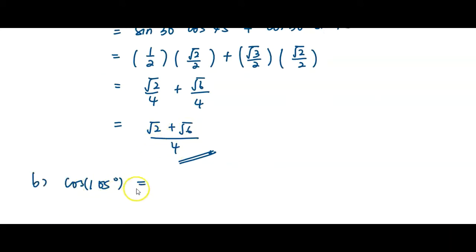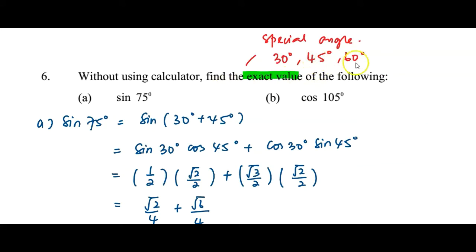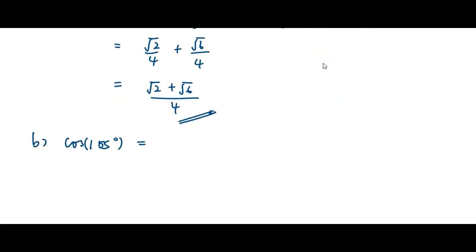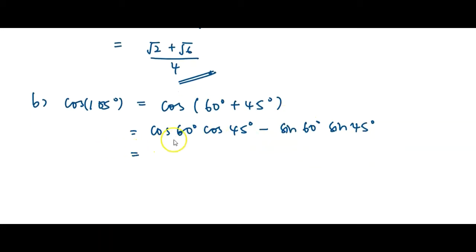Again, for cos 105, I'm going to relate the 105 to the special angles. Of the special angles, we have 45 and 60. So 60 plus 45 gives 105. I will rewrite this 105 as 60 plus 45. Both are special angles, and then I expand it using the compound angle formula, where 60 represents A and 45 represents B. So I have cos A cos B. For the cosine formula, the plus sign needs to be reversed here and become negative, then sine A, that is 60 degrees, and sine B. Now all these ratios we can obtain easily because we can memorize them.